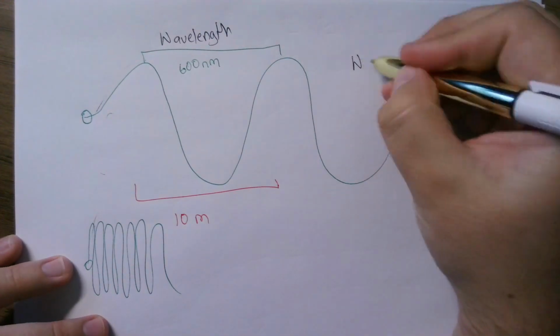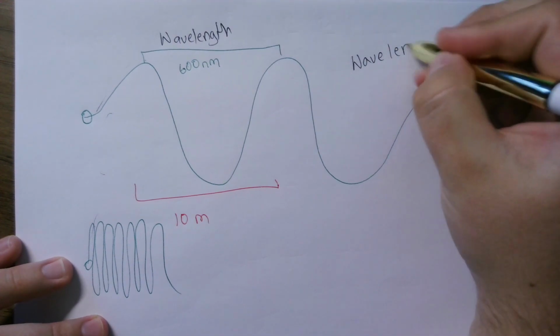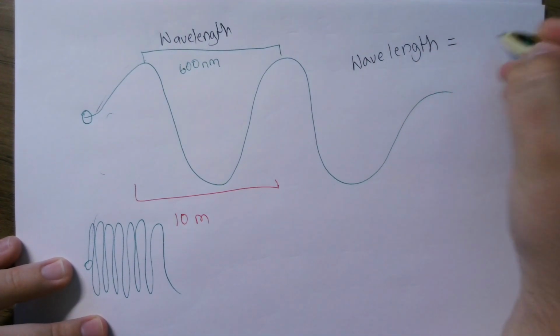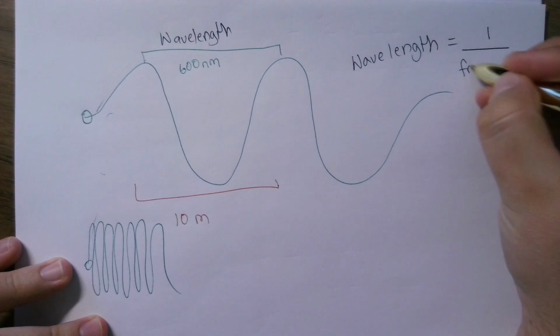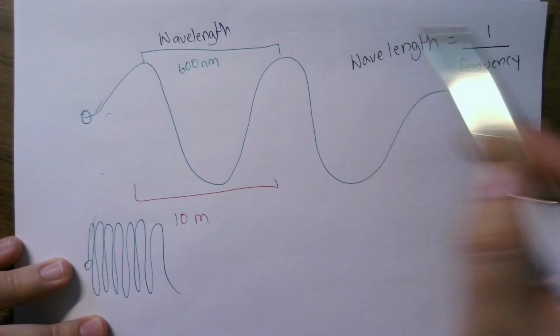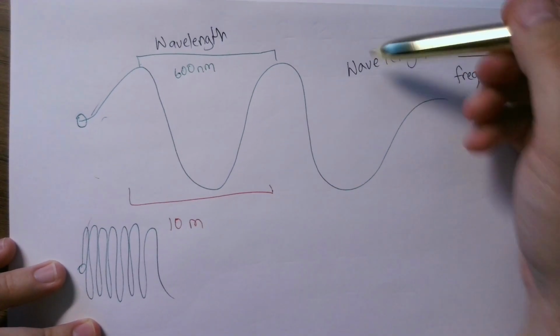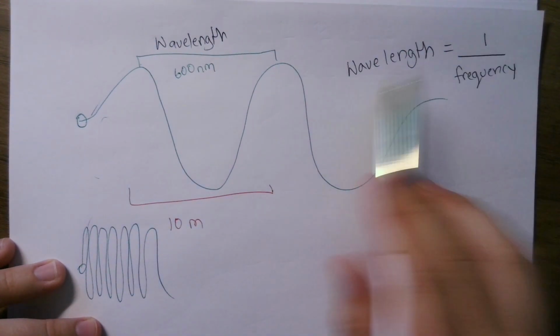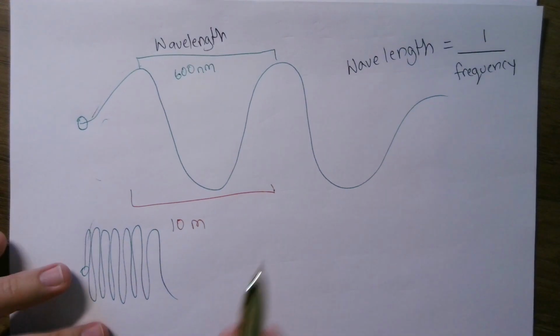Wavelength is inversely proportional, meaning 1 divided by frequency. As wavelength goes up, frequency goes down. As wavelength goes down, frequency goes up. There's an inverse proportionality there. That's just kind of explaining what those words are.